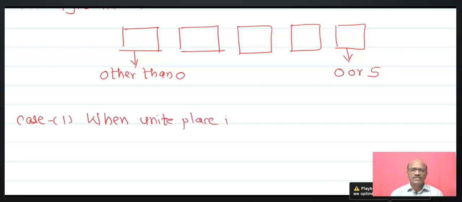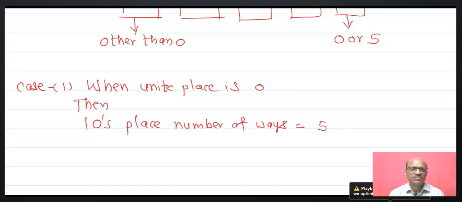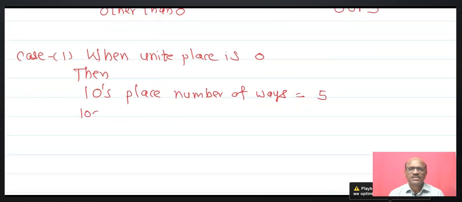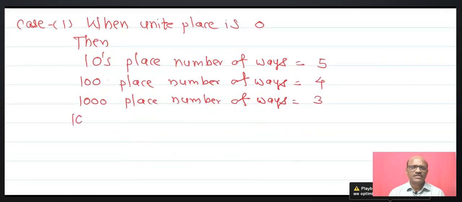Now case 1, when the unit place is 0, then for the tens place the number of ways will be 5. For the hundreds place the number of ways will be 4, and for the thousands place the number of ways is equals to 3, and for the 10,000 place the number of ways is equals to 2.